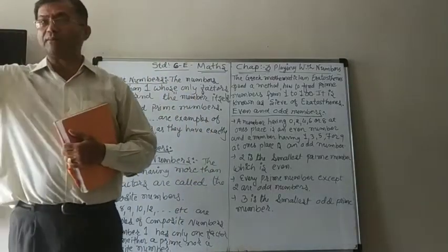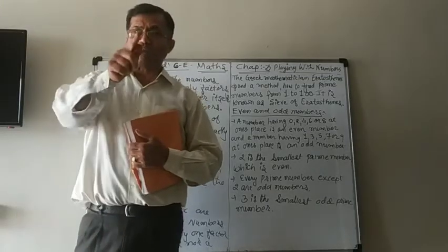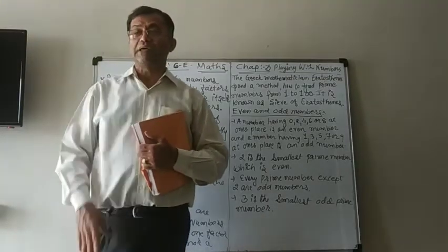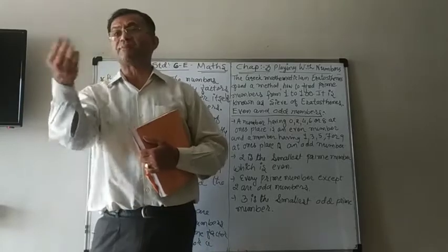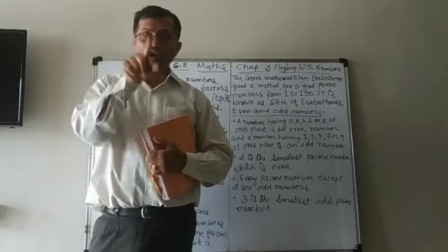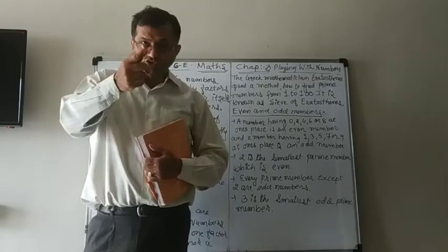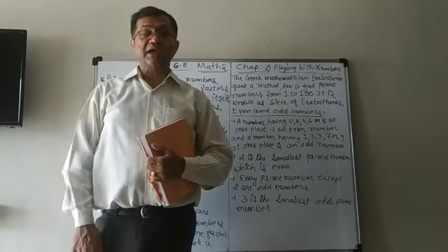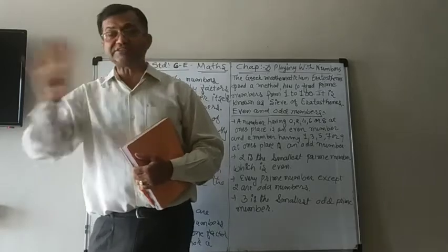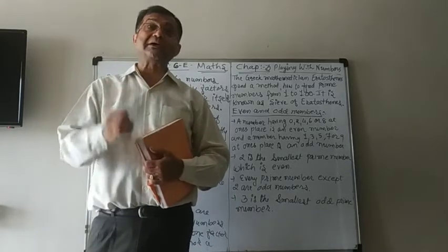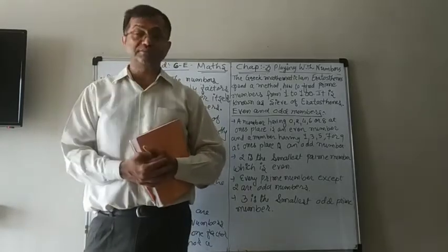So all the even numbers are gone now. They are getting a circle. Then he started with the next number 3, because 3 does not have a circle on it. It means 3 is a prime. So he put a circle on 3, and then he circled all the multiples of 3 up to 100.